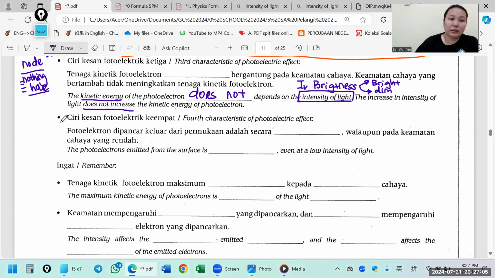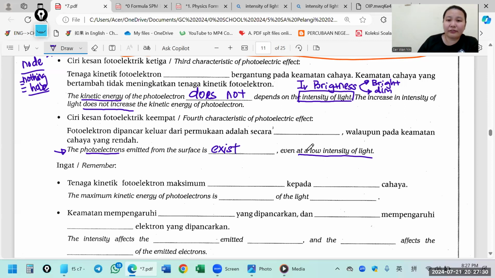Okay, now. The photoelectron emitted from the surface is what? It exists. Yes, exists.